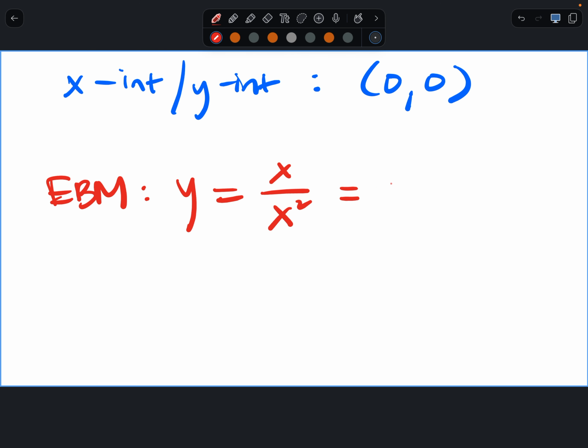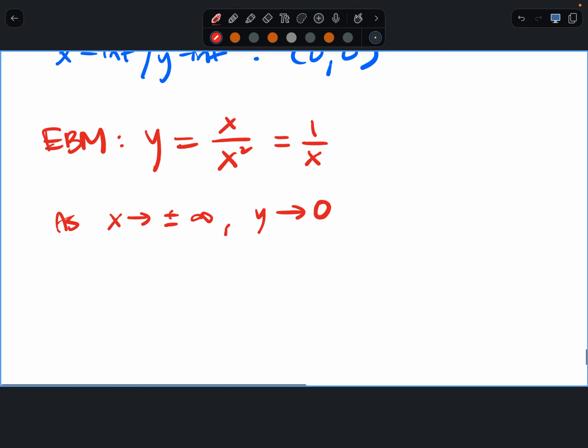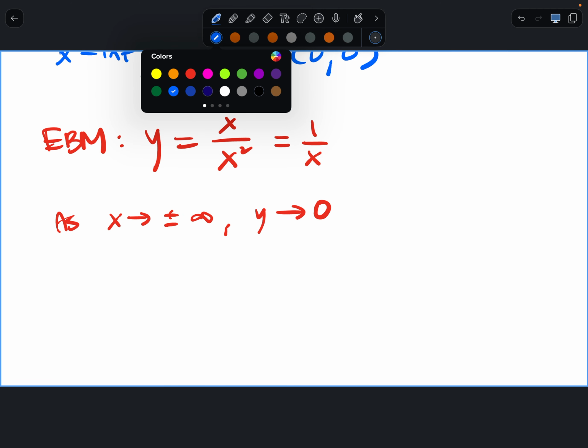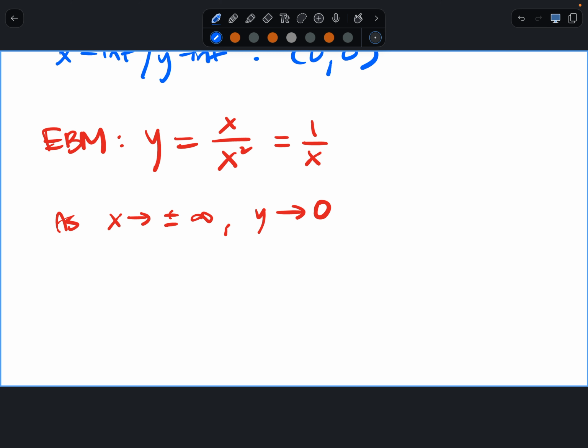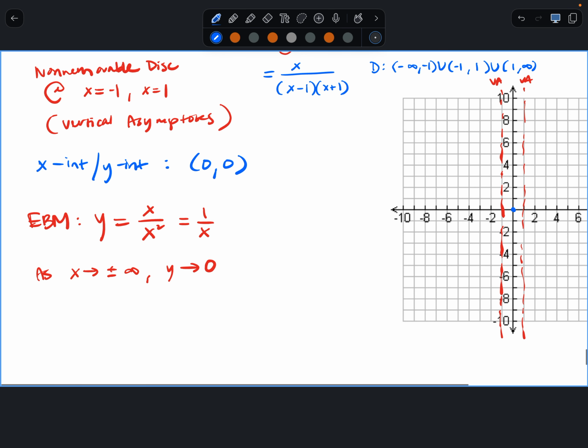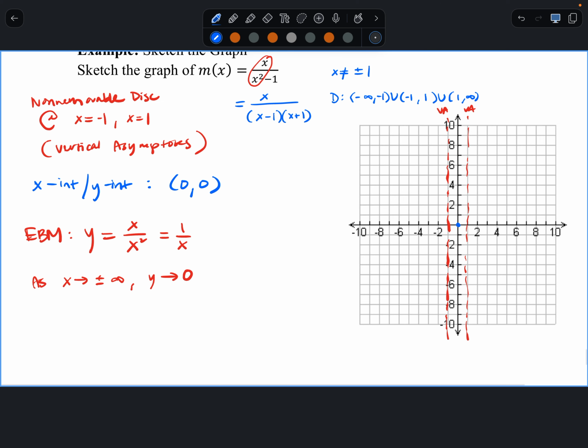And you could do more test values. We want to figure out what's going on to the left of x equals negative 1 and to the right of positive 1. So we still have a couple test values we need to do. As x approaches negative 1 from the left, what is m of x approaching?